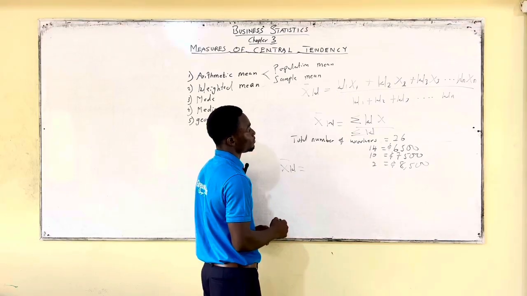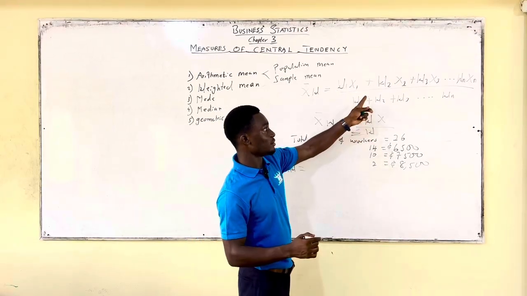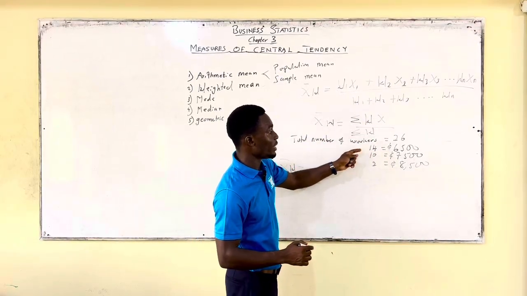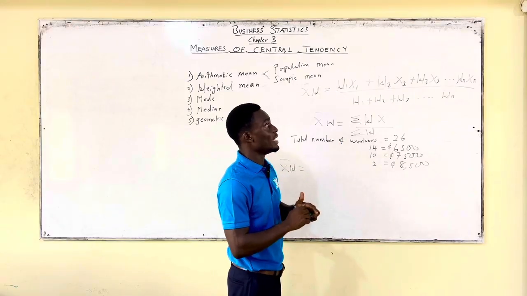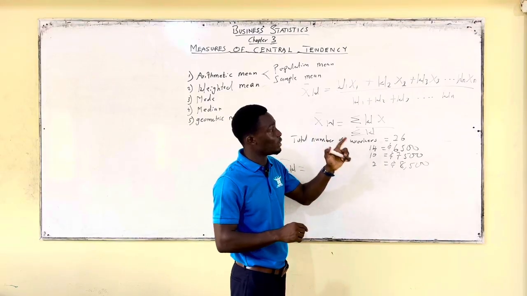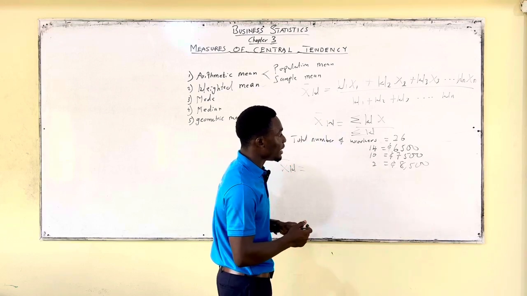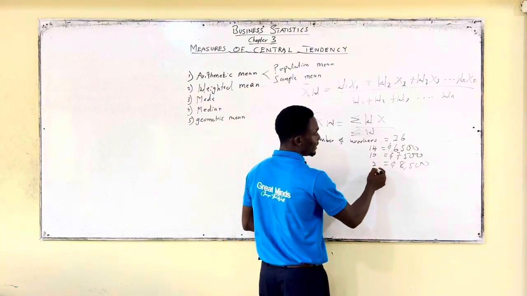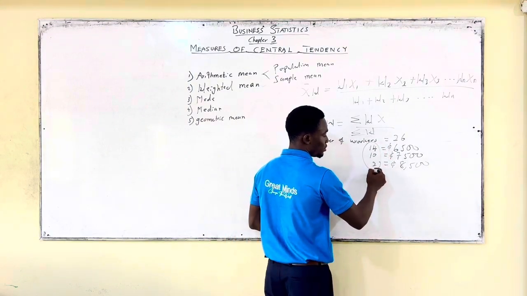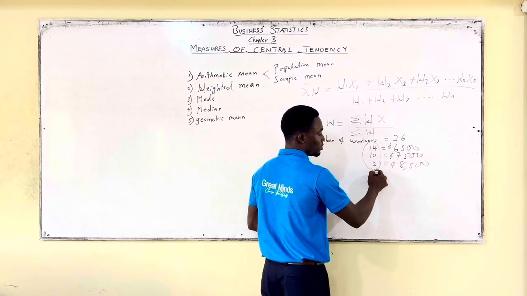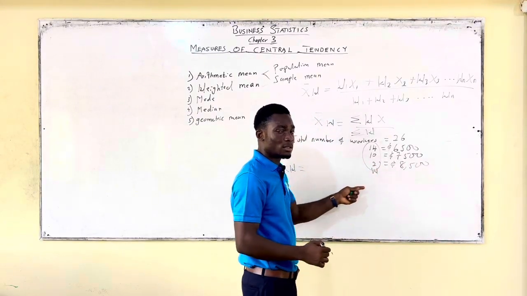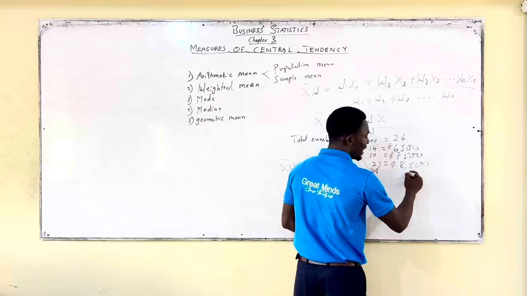is equal to, we are using this method. We have x1, w1, x2, w2, x3, w3. Now, these are the w's, and these are the x values.